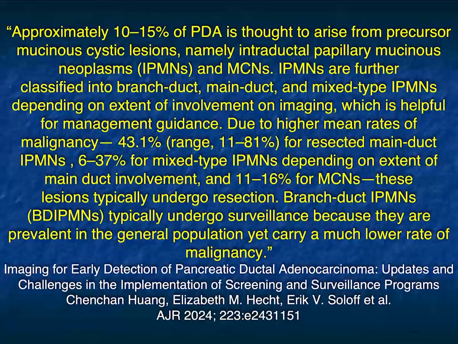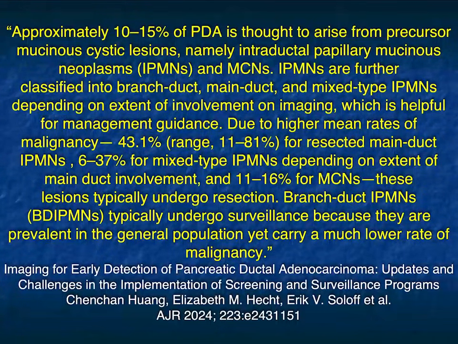Now, in this article by Wang, up to 15% of pancreatic cancers are thought to arise from precursor mucinous lesions, namely IPMNs and MCNs. IPMNs are further classified, as we mentioned, as branch duct, main duct, and mixed type IPMNs. Due to the higher rate of malignancy for resected main duct lesions, they're the ones that are going to be removed with greatest concern.